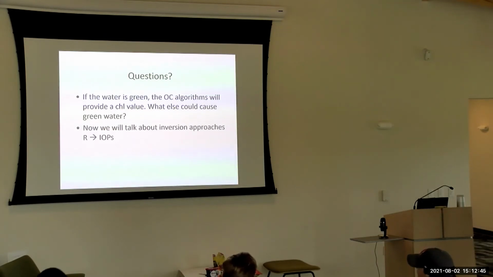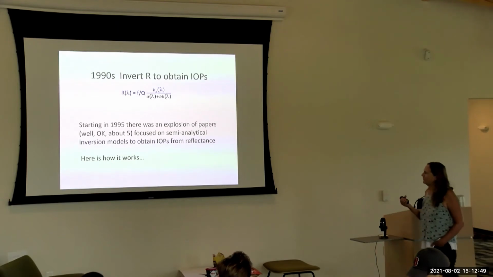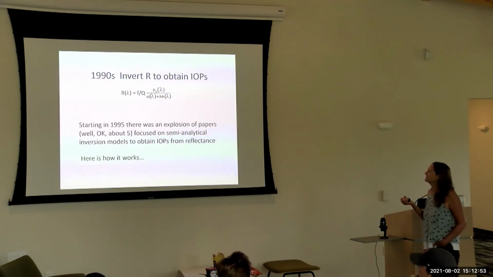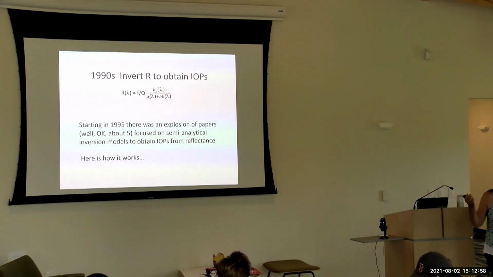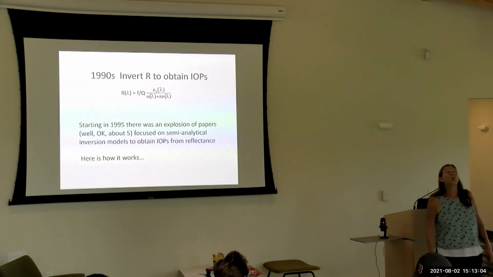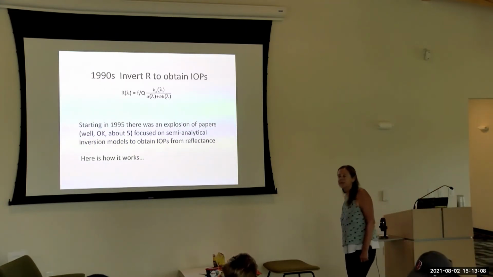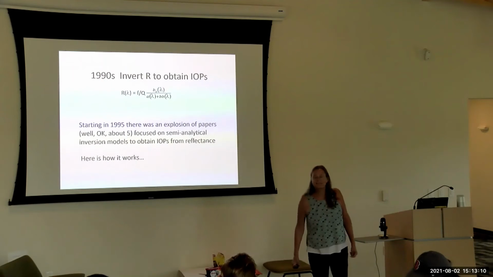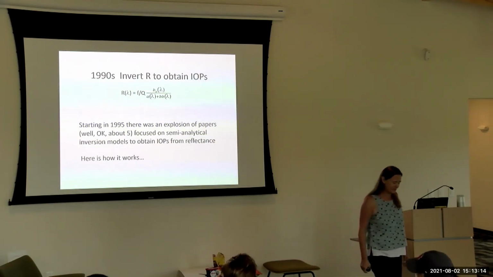Excellent. Okay, so now we're going to do the inversions. All right. So in the 90s, which feels like forever ago, and it was, there were a lot of papers that came out. Like Merrill here wrote this in the 70s. And everyone is reading the paper, but not getting it.